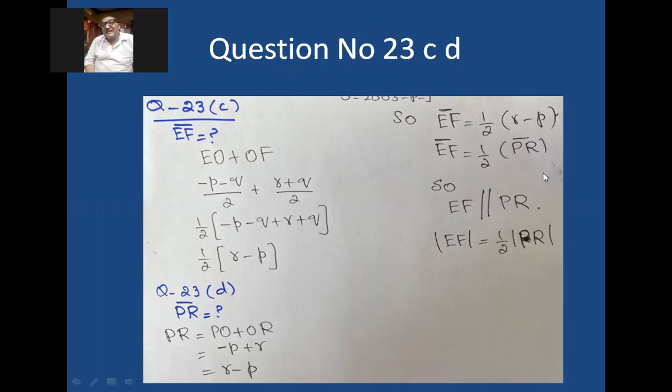This means that the EF and the PR are parallel, because their basic vector form is the same. Another very important thing I came to know is that the length of the EF is half the length of the PR. These are the 2 facts.